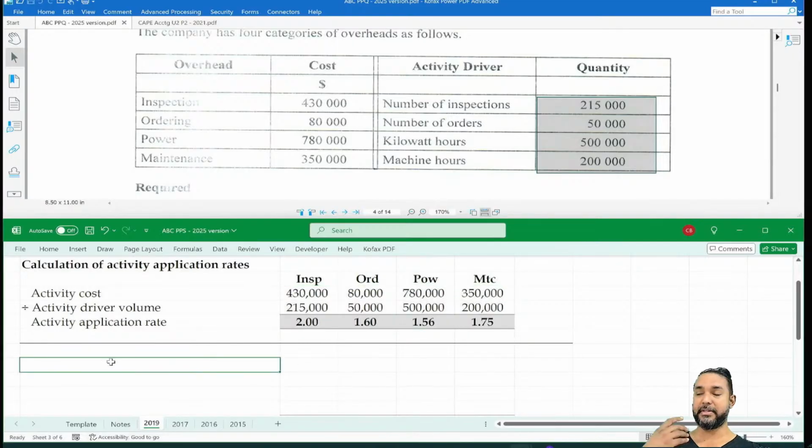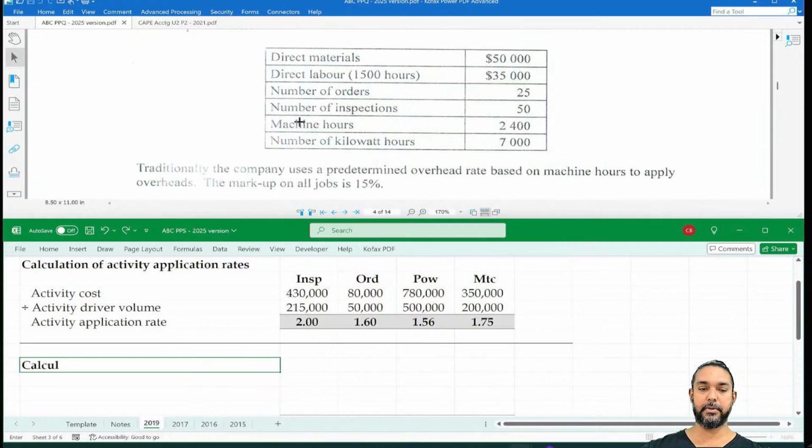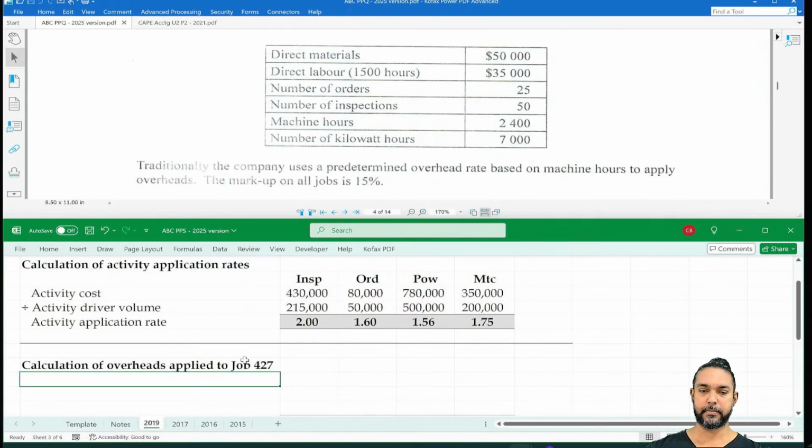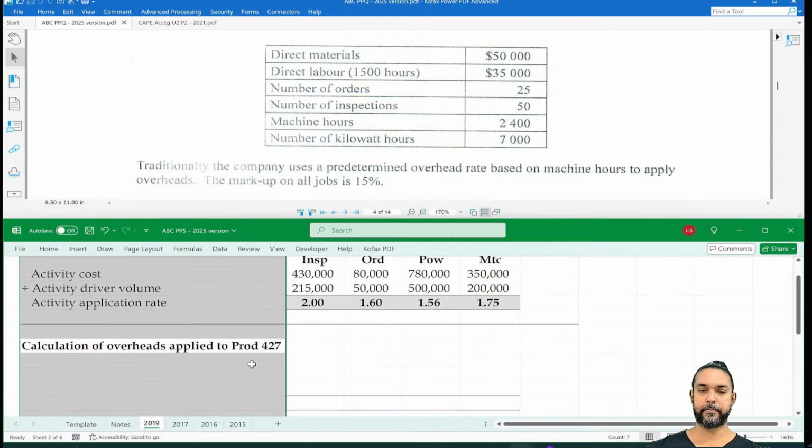Okay, so now we're going to use the activity application rates to calculate the overheads incurred on this particular job. All right. So, calculation of overheads applied to product 427.